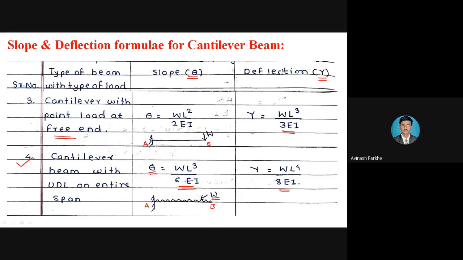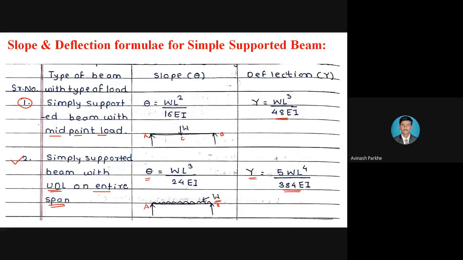For this chapter only 2 things are very important: the statements I gave in the previous slides, where slope is maximum, where slope is 0, where deflection is maximum and where deflection is 0 for the simply supported beam and the cantilever beam, those definitions of slope and deflection, and these formulae.